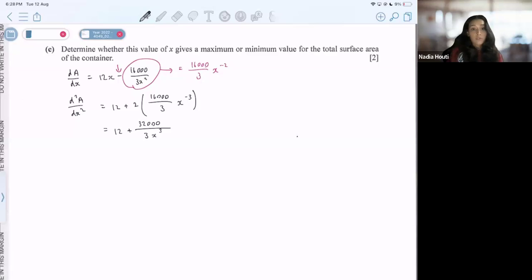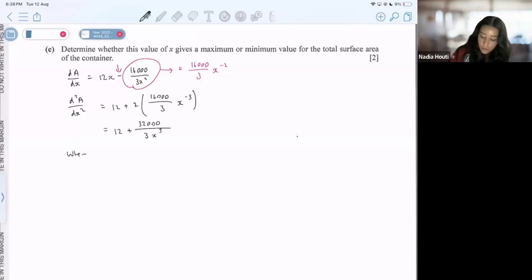Okay, so in case you are confused about how I got this, this is the step-by-step. Okay, so this is your d2A dx squared. Recall your x was 7.6314, okay? So there are two ways you can continue from this point. Either is fine. You can just sub in x equals 7.6314.